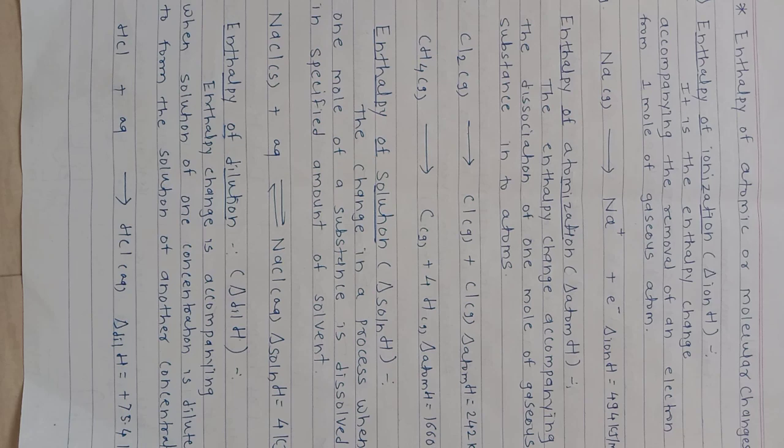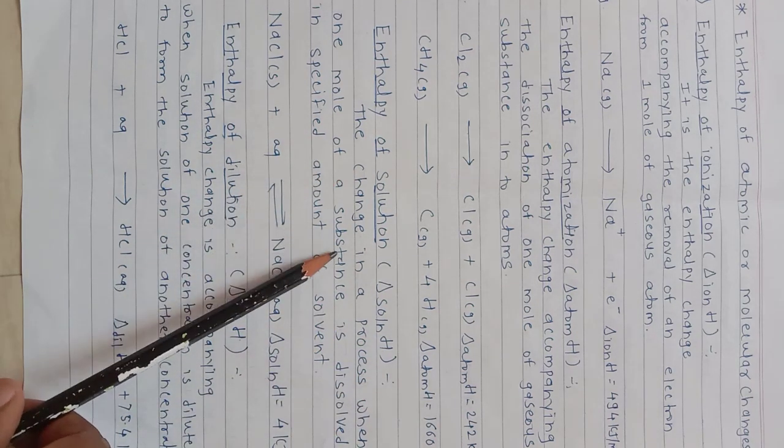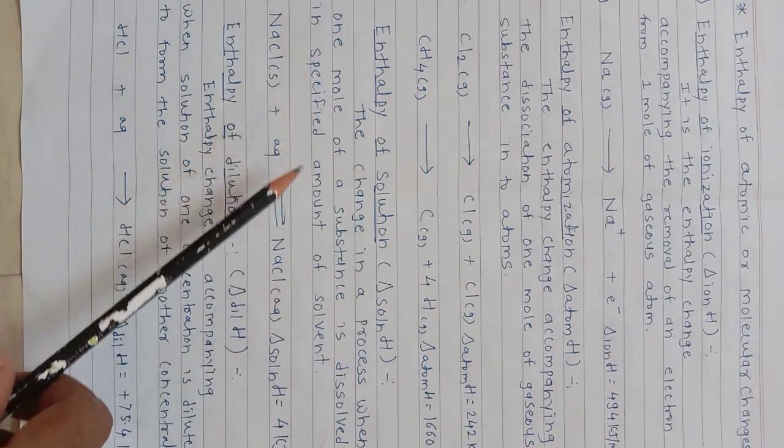This 100 ml is a specified amount of solvent, and 5 gram is the substance dissolved in it, which is called a solution. The enthalpy change required is nothing but the enthalpy of solution, the change when 1 mole of substance is dissolved in a specified amount of solvent.